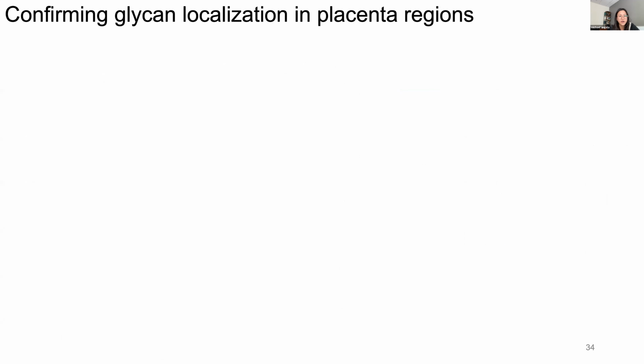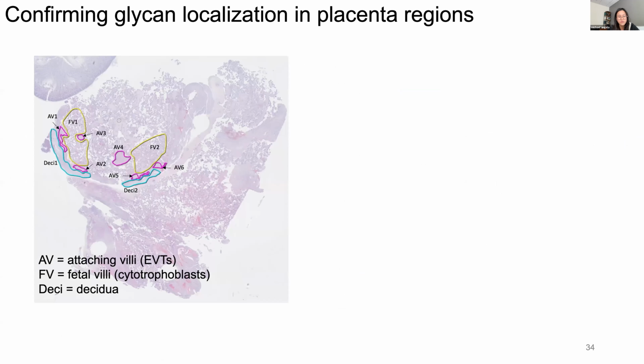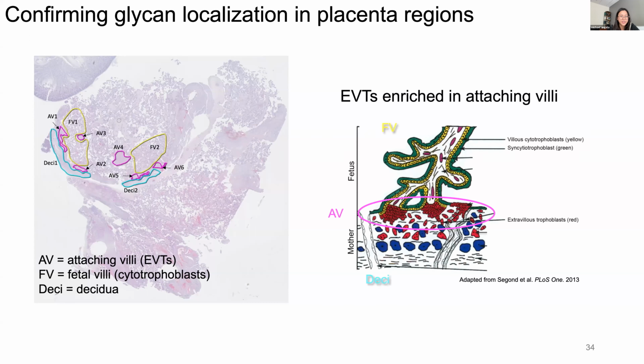So we wanted to confirm whether these glycans are indeed found on extravillous trophoblasts in the placenta. We looked into this full tissue section to provide more spatial context. This is an H&E stain where we annotated 3 main regions on the tissue based on histology of the placenta, namely the attaching villi, which is where the fetal villi attach to the maternal decidua.